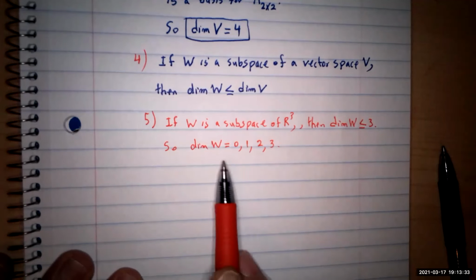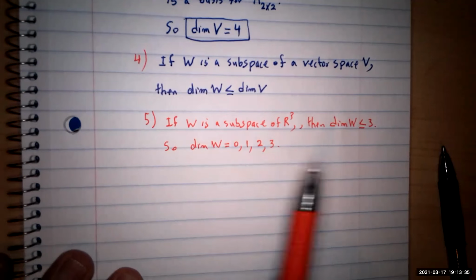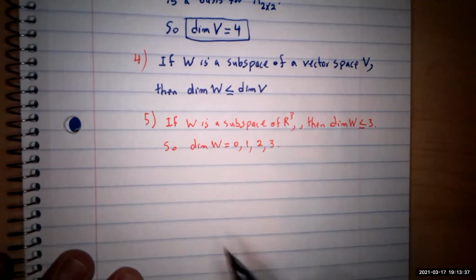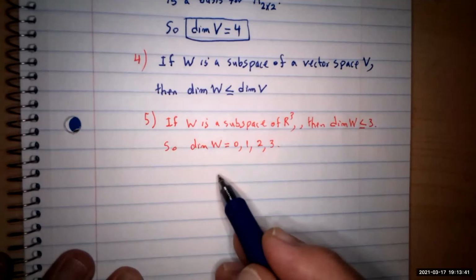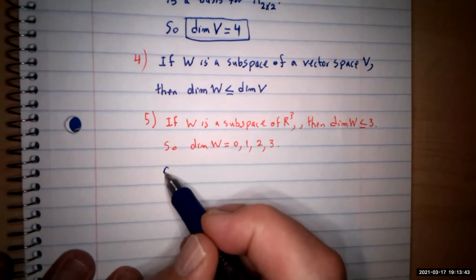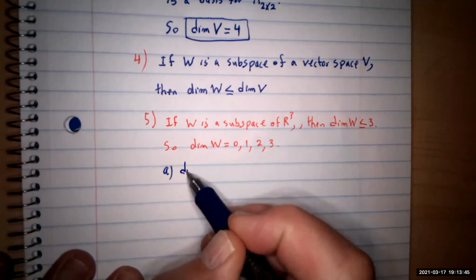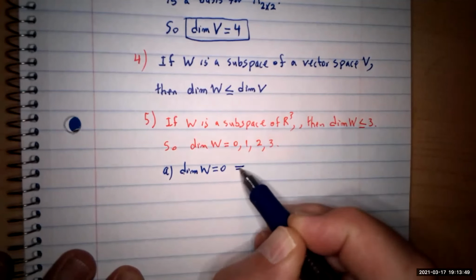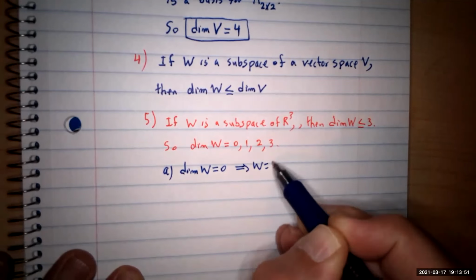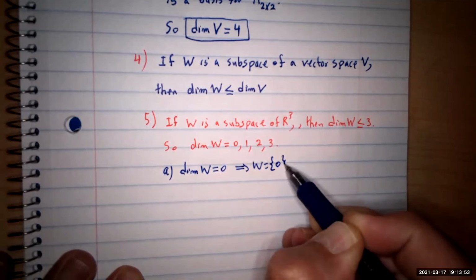Let's consider, say A, if the dimension of W is equal to 0, this means that W would contain only the 0 vector.